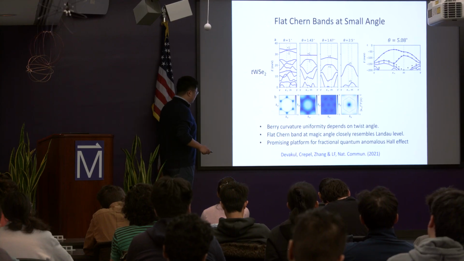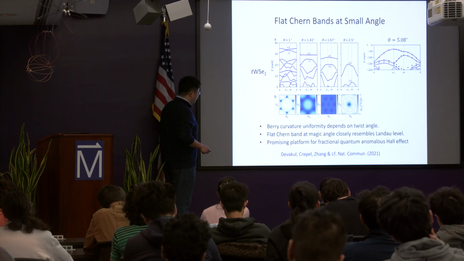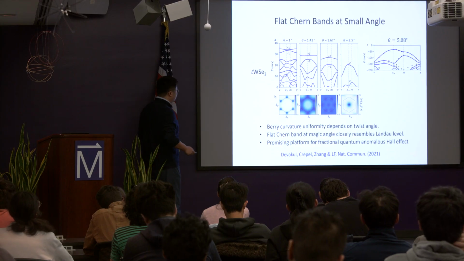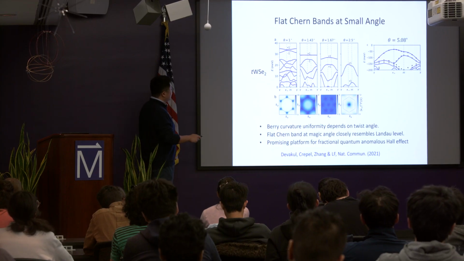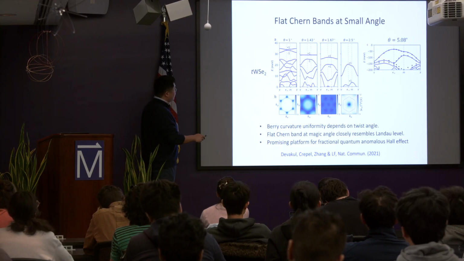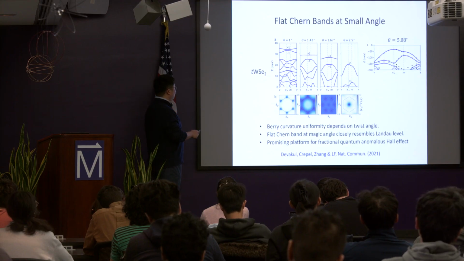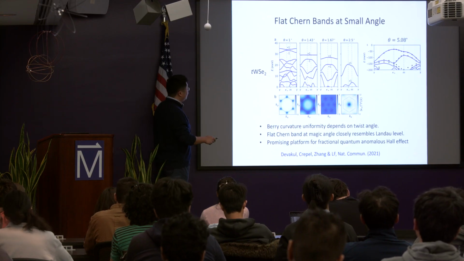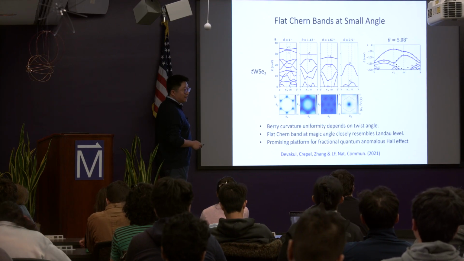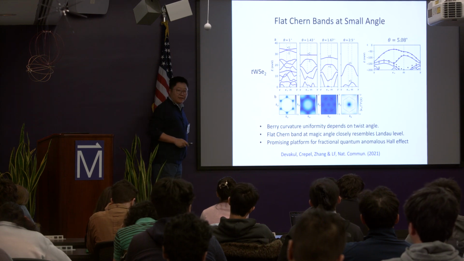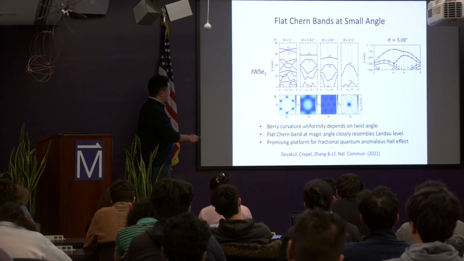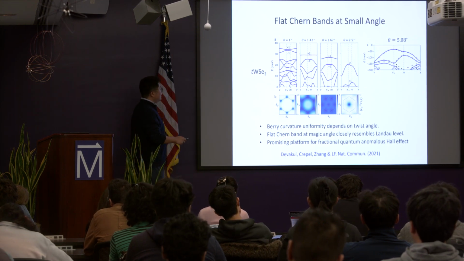So with Chaitup, Valentin, and Yang Zhang back in 2021, we looked at DFT calculations. We performed DFT calculations for twisted TMD, WSe2, and from this DFT calculation, we extracted the continuum model parameters, and this allows us to reconstruct the bands across a whole range of twist angles.